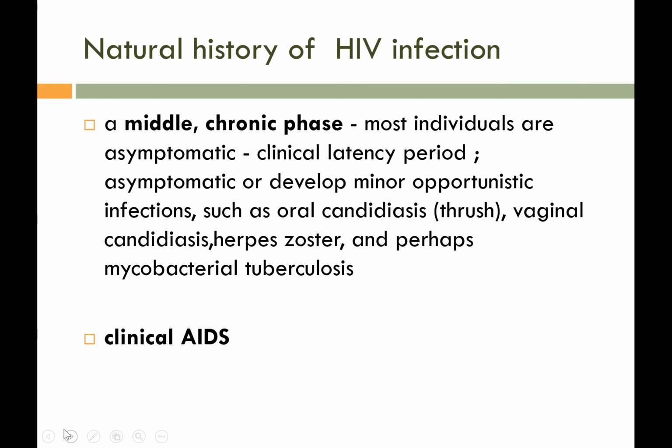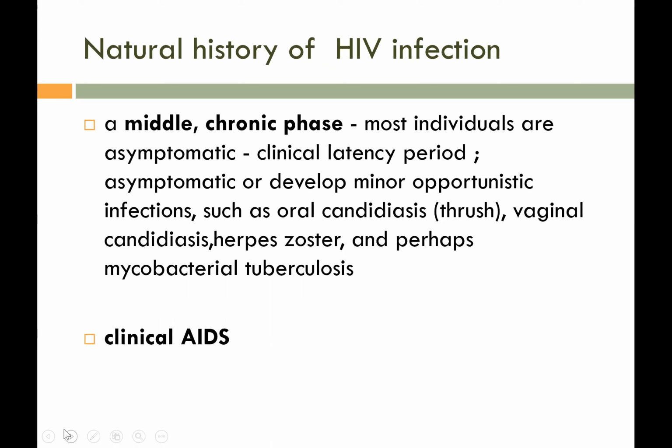In here, you should check the lymph nodes and the spleen of your patients because they are the sites of continuous HIV replication and cell destruction. During this period, few or no clinical manifestations of HIV are present. That's why this phase is called clinical latency.